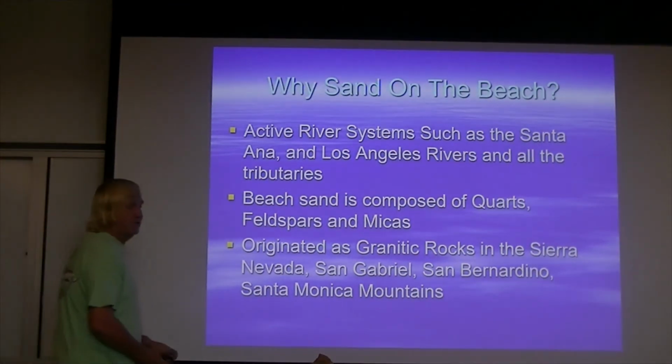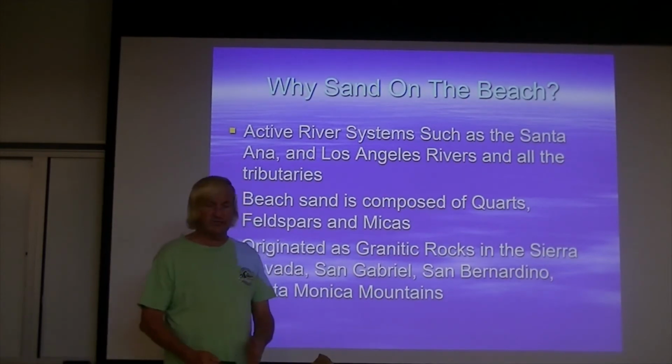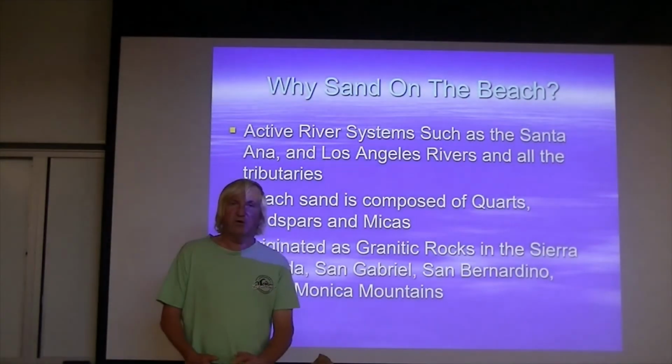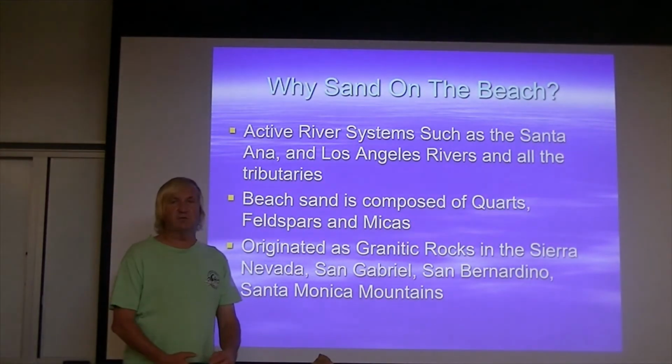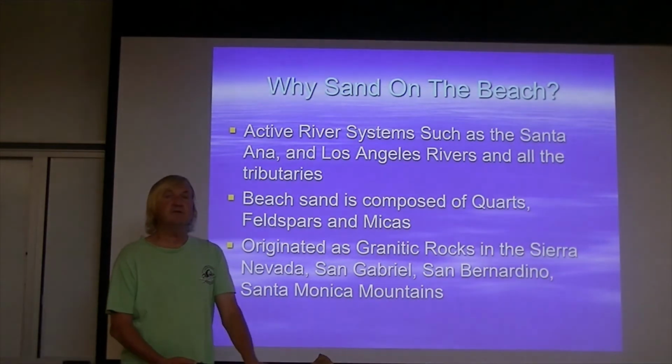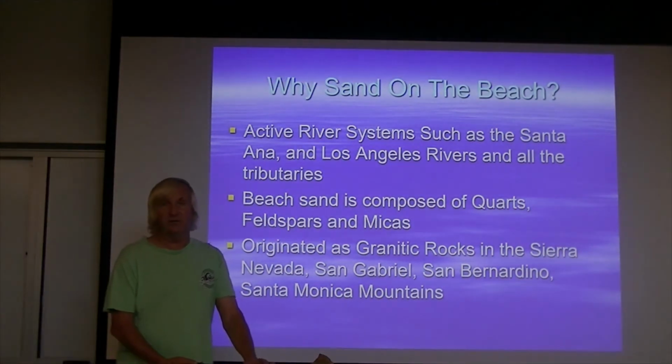And so this next question is why do we have sand on our beaches? Sand on beaches is very important. I've been to a lot of seminars where people try to explain what happened to the sand or what is occurring with our sand. Currently, our beaches throughout the western United States are eroding. We're losing our beaches.